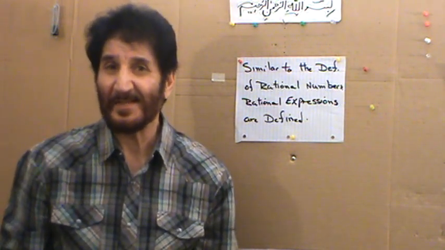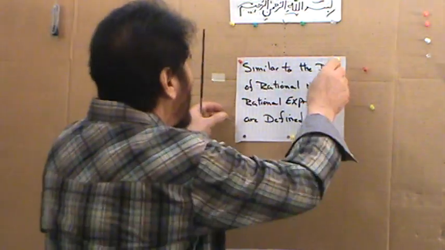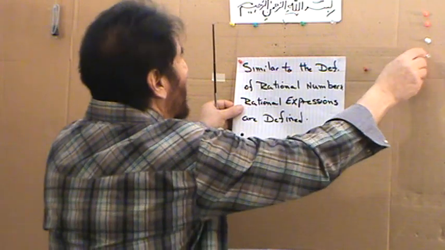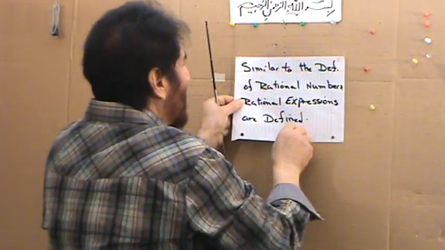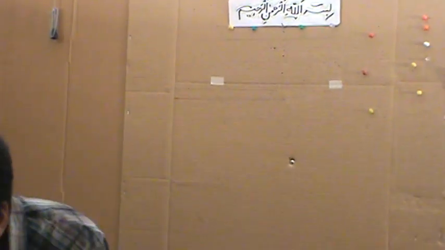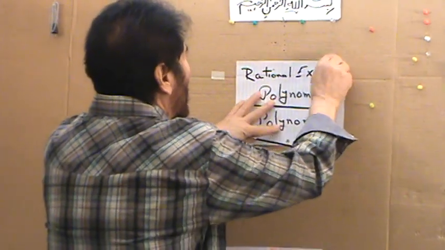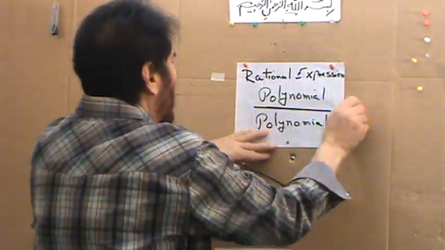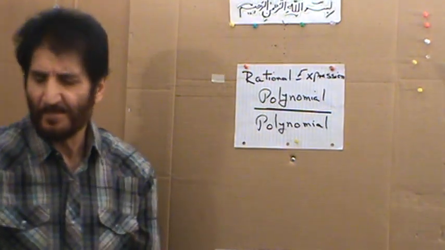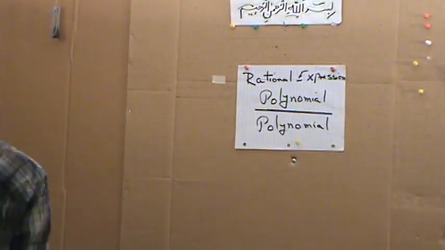That's all there is to that. So a rational function is a function written in the form of polynomial over polynomial. I'm going through this quickly because I've already talked about it.